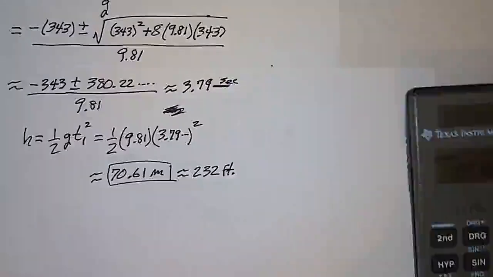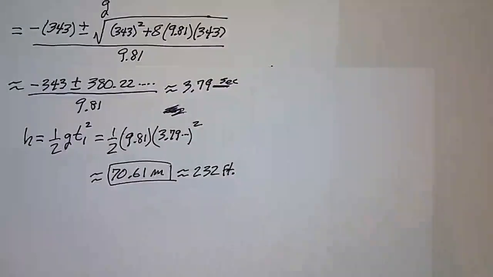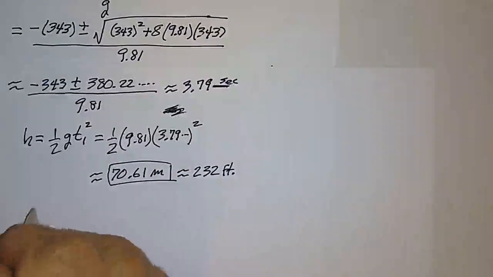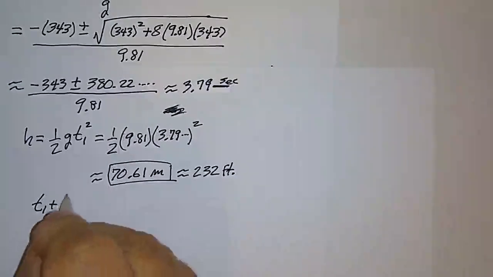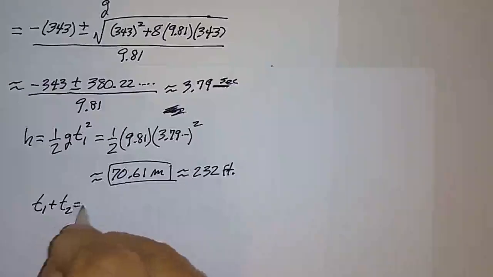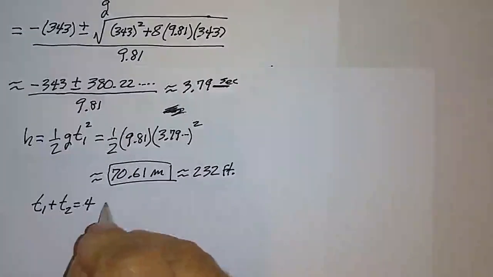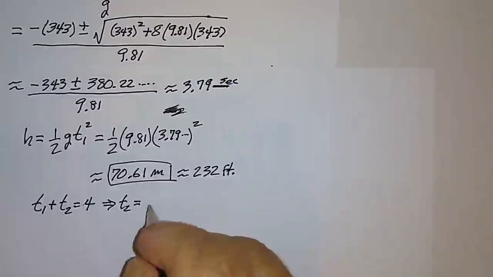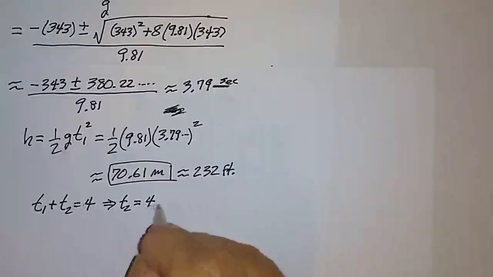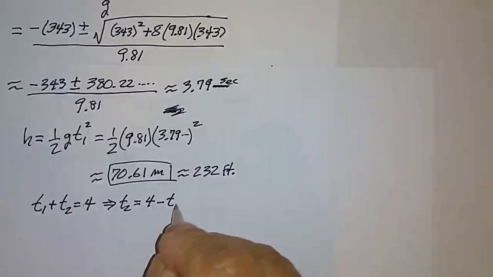Now, alternatively, we could have calculated T2, and remember we had T1 plus T2 is equal to 4 seconds. And that means then that T2 is equal to 4 seconds minus T1.